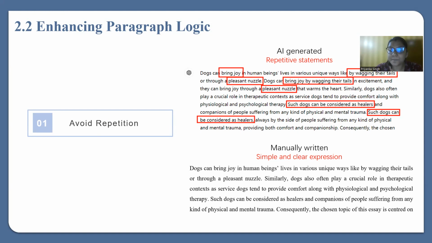In contrast, manually written content is more varied and flows better. Instead of repeating phrases, it uses different expressions to convey the same idea in a more engaging manner. For instance, dogs can bring joy in human beings' lives in various unique ways is a clear and concise sentence that avoids unnecessary repetition.